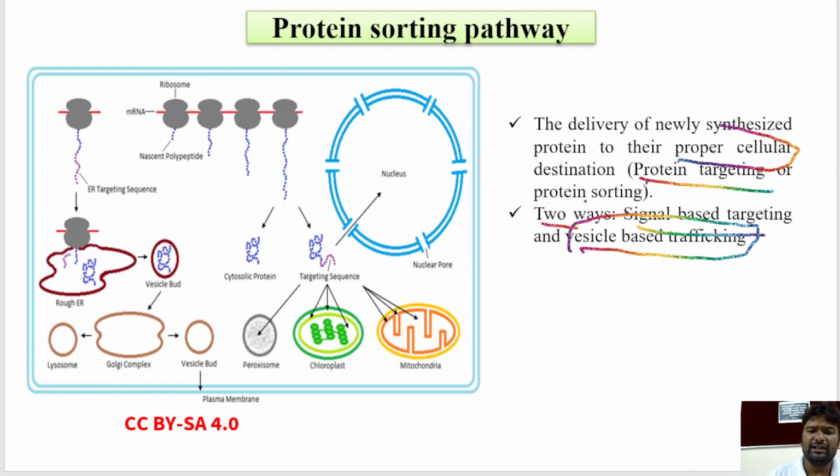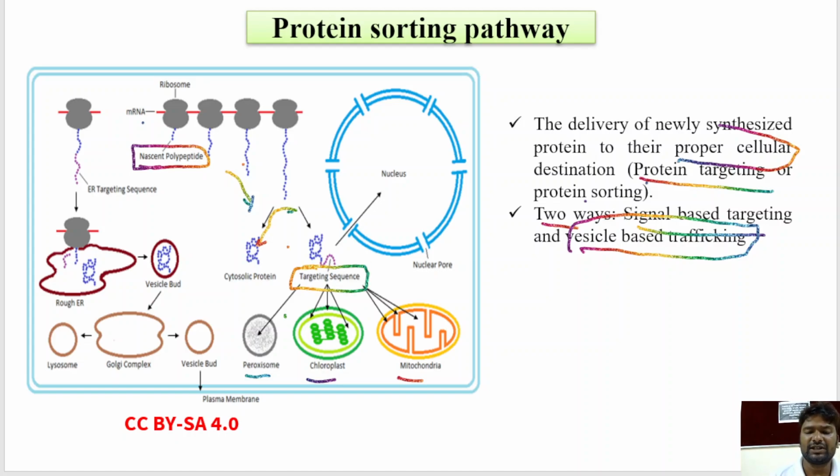So friends, in the first process, the newly synthesized proteins, from the mRNA as nascent polypeptides, move from the nucleus to the cytoplasm, and there are some targeting sequences which are attached to these proteins and target them to the peroxisomes, chloroplast and mitochondria with the help of the addition of this targeting sequence.